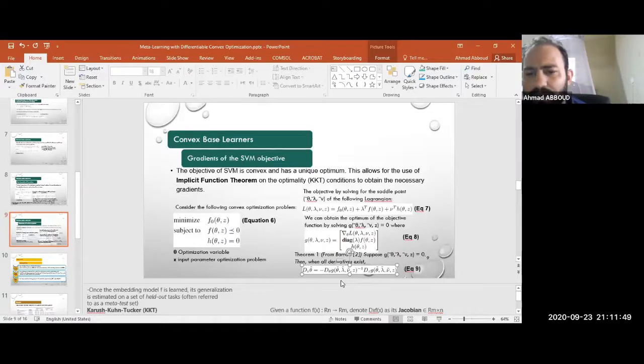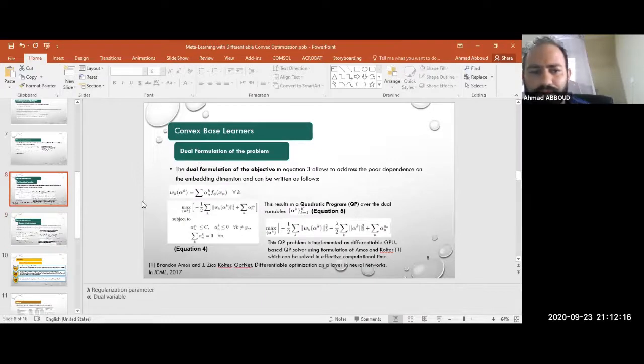So in general, let's make sure that we understand the added value of this paper. Apart from the convex-based learner, they take advantage of two things: the gradient of the SVM objective, and the dual formulation of the problem.